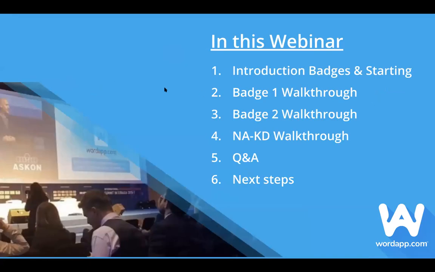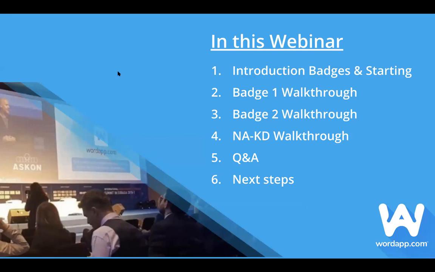I'll start with a brief introduction about the badges. Badges are what you basically earn to prove that you are sufficient at writing a certain type of content. I'll walk you through how to complete badge 1 and 2. After that, Claire will give you some information about a fashion site that we're writing for and where we have over 1,000 texts that need to be written in the coming weeks.